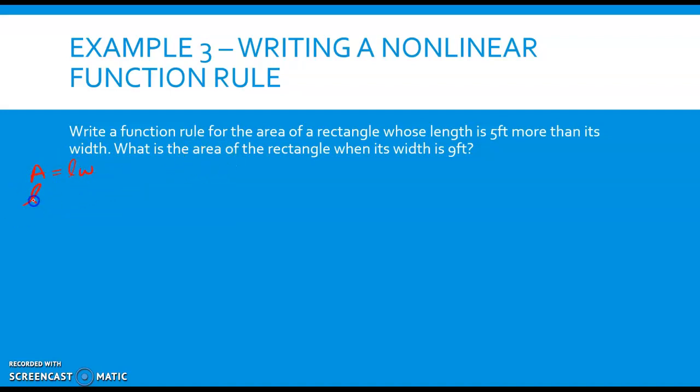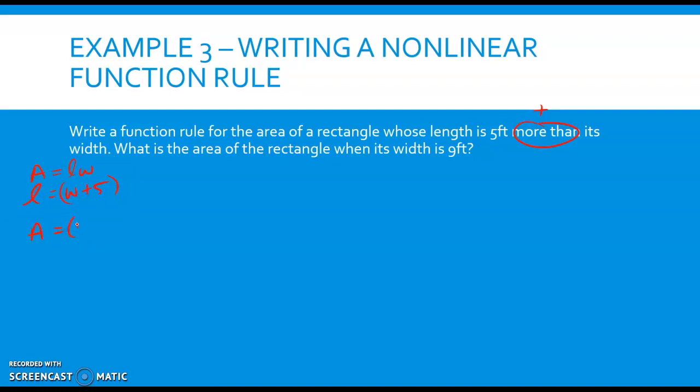This tells me that my length is equal to width plus 5, right? More than is adding. And so then the area of my rectangle is going to be, I'm going to replace L with my width plus 5.